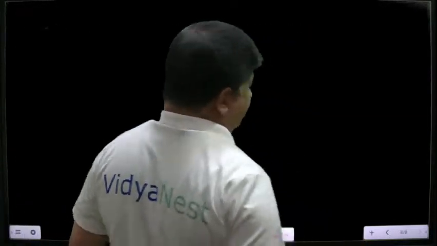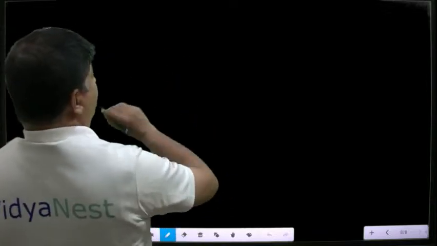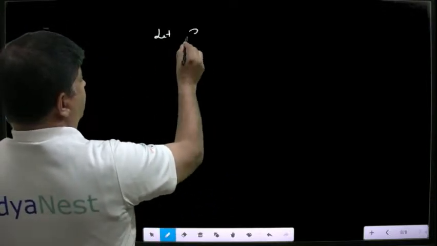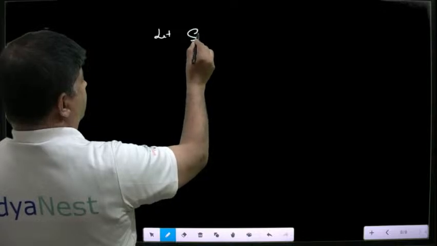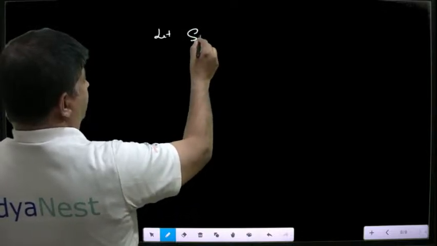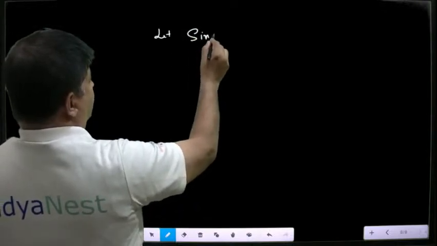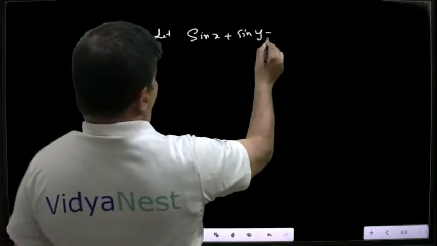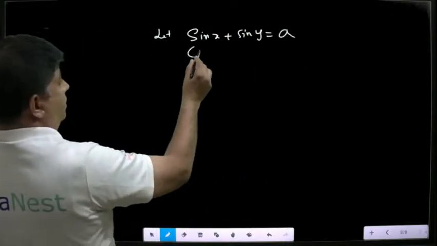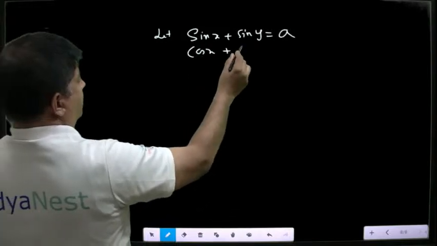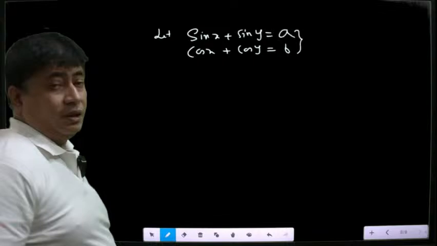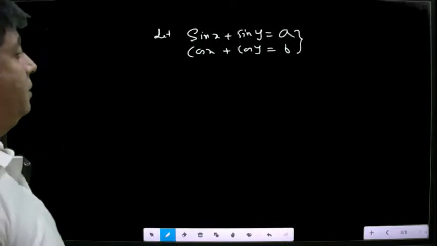Now, one sum based on these formulas, let's do one board level sum. Let sin x plus sin y is equal to A and cos x plus cos y is equal to B, given. Okay.